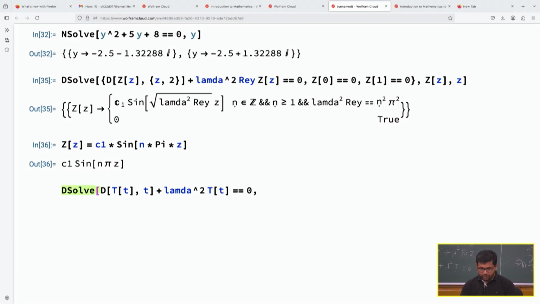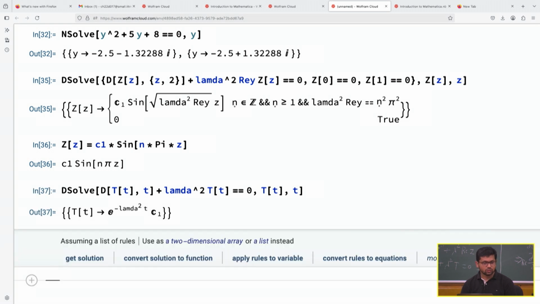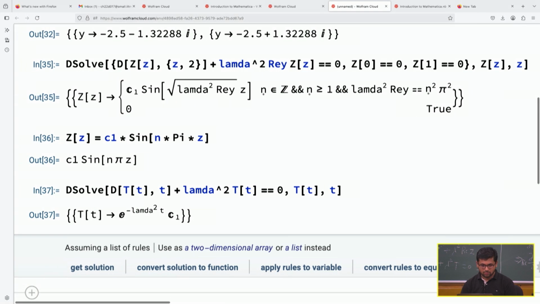We do not have an initial condition here for T, because the initial condition is in terms of W, so we will put it as T of t only, without the initial condition, and solve it. You will get the solution as C1 e to the power minus lambda square t.